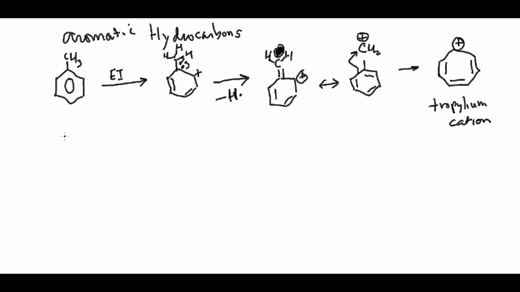And so let me write the structure of the radical cation resulting from electron impact for n-butylbenzene. All right, one resonance form for that will be drawn like this. It's a radical cation. There's the 1, 2, 3, 4 alkyl side chain.